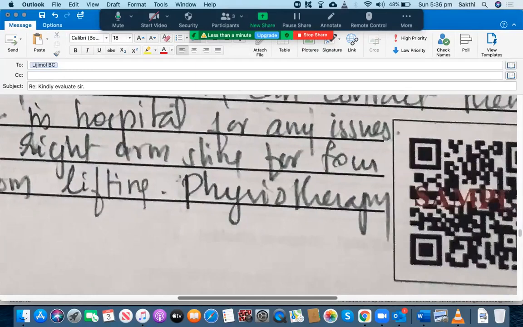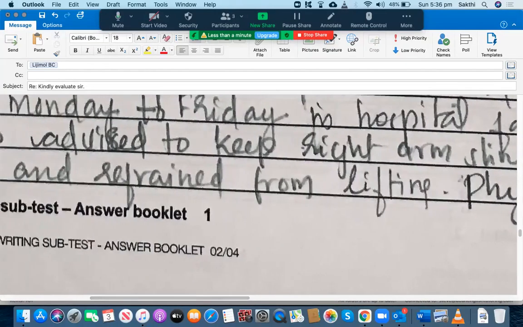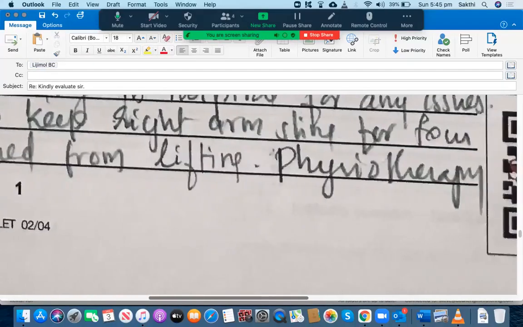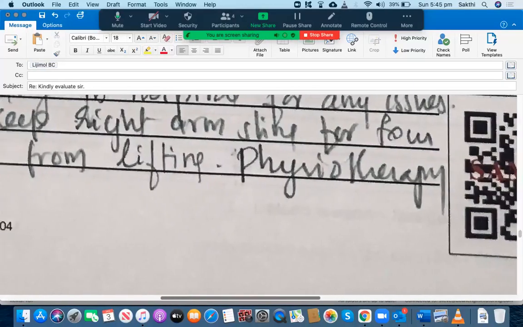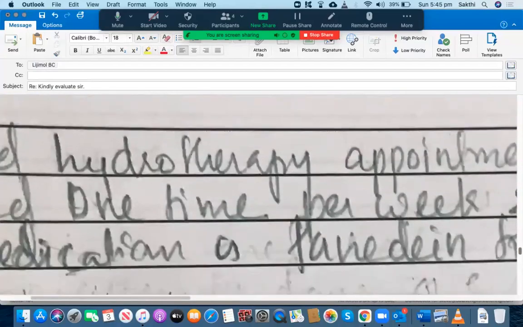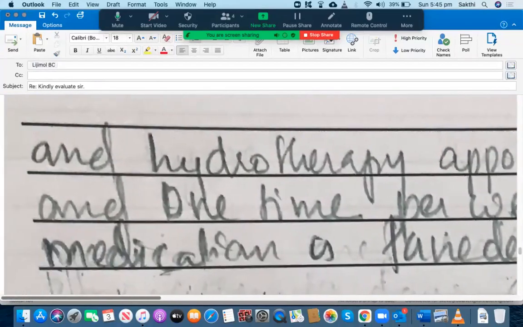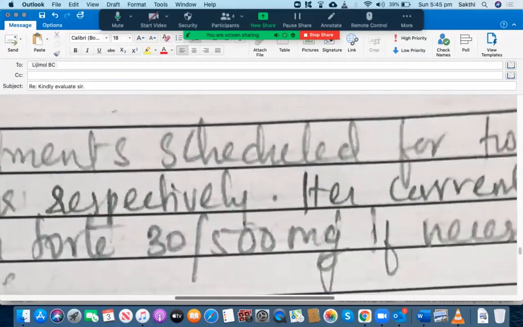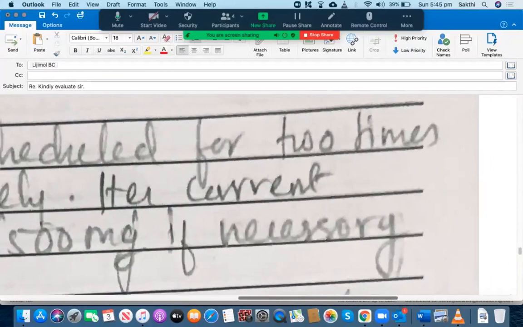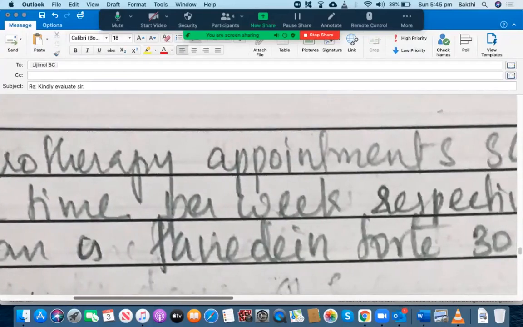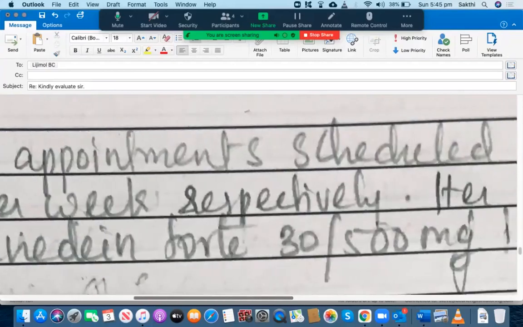All right, let's go to the next one. Physiotherapy. I've got the final sentence you have written on physiotherapy and hydrotherapy. Physiotherapy and hydrotherapy appointments scheduled for 2 times and 1 time per weeks respectively.